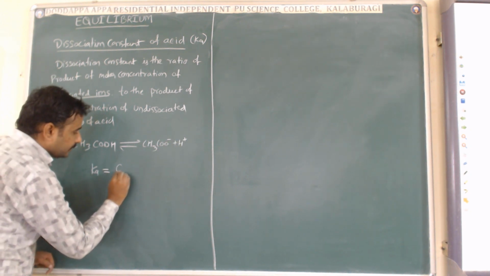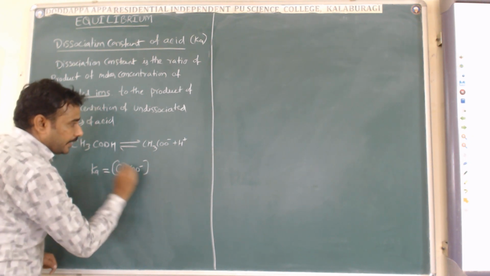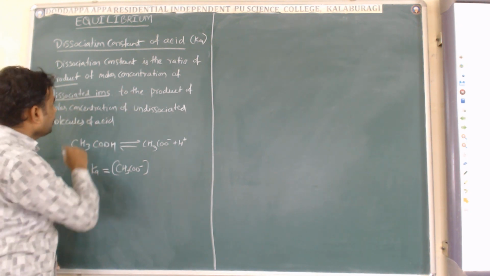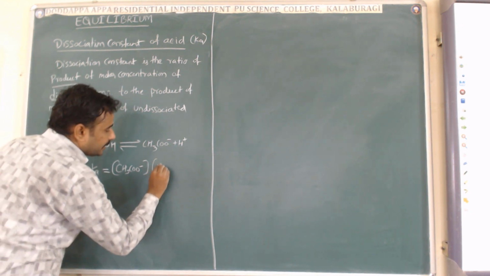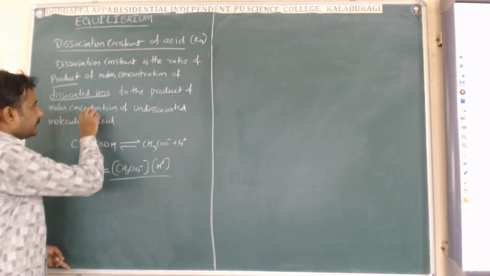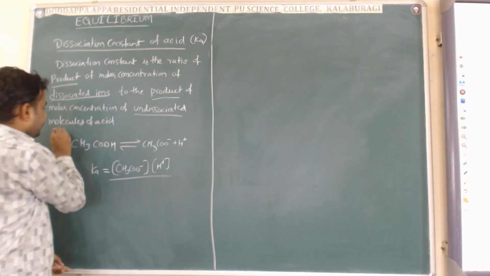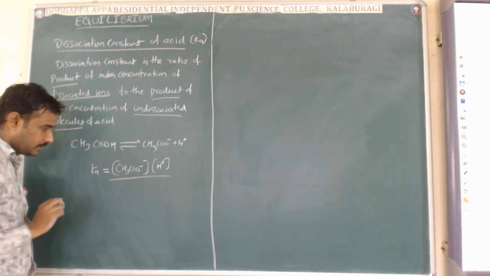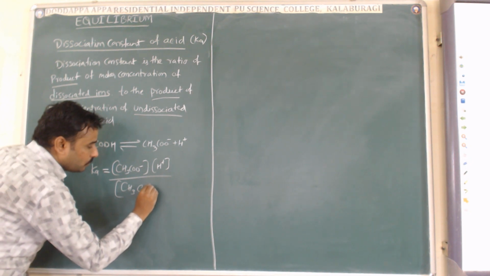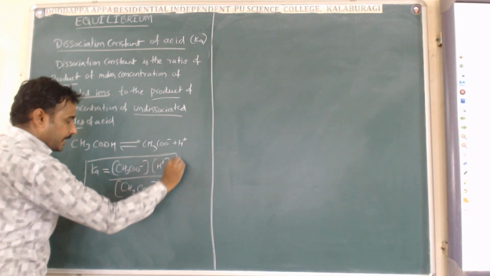So we write CH3COO minus multiplied by H plus, divided by the product of molar concentration of the undissociated molecule, which is CH3COOH. So this is what we are calling Ka.